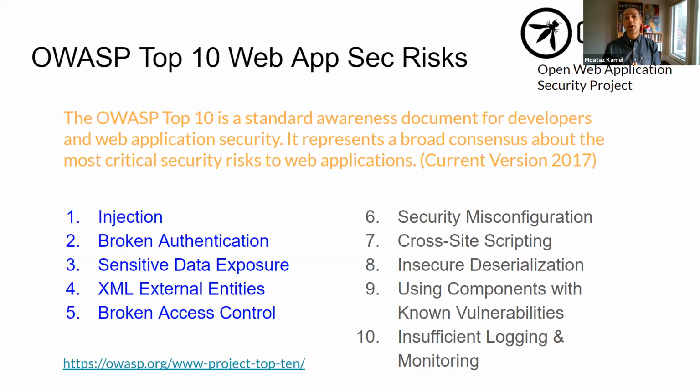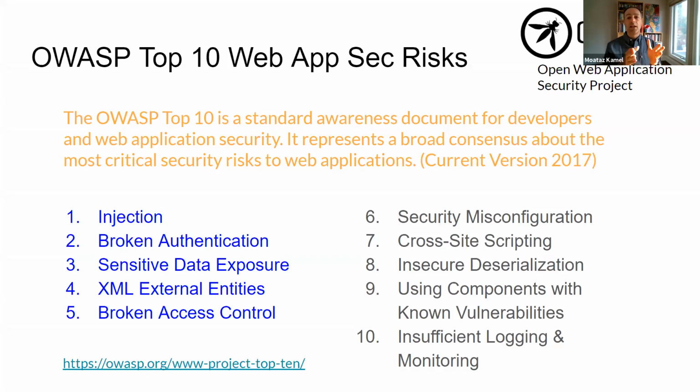Every couple of years they publish it, and some of these vulnerabilities move around on the list because every year attackers change their tactics. For example, cross-site scripting, which is number 7 on the list in 2017, used to be much higher on the list, and has fallen down because some of these other things have become more prevalent in attacks.